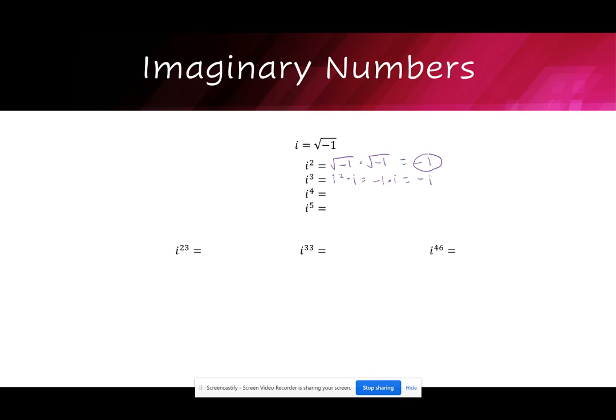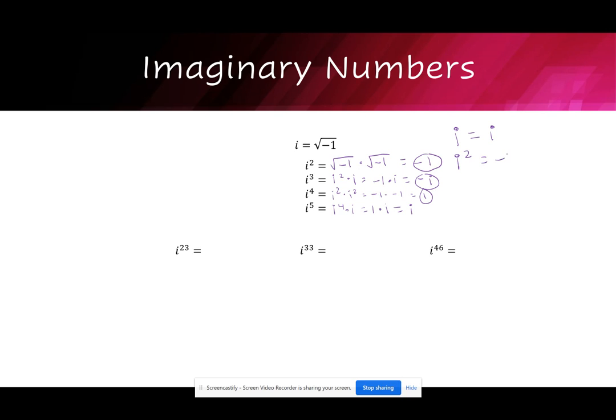So it's -i. i to the fourth is i squared times i squared, so it's -1 times -1, which is +1. And then i to the fifth is i to the fourth times i, so it would just be 1 times i. So it's just i.